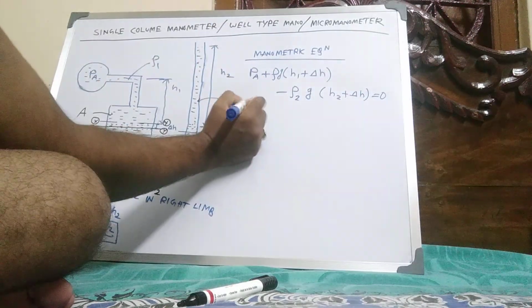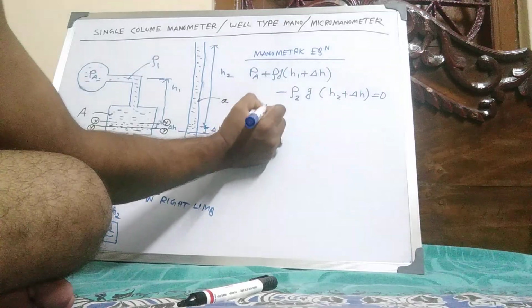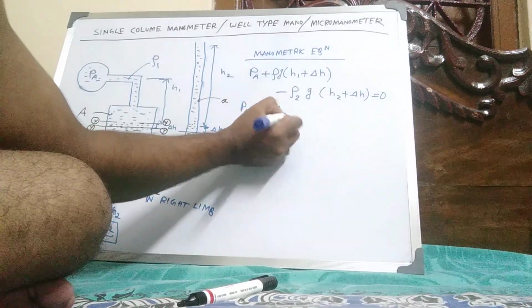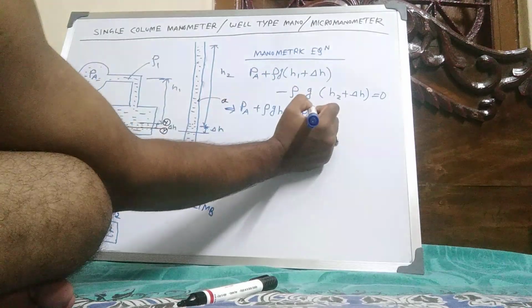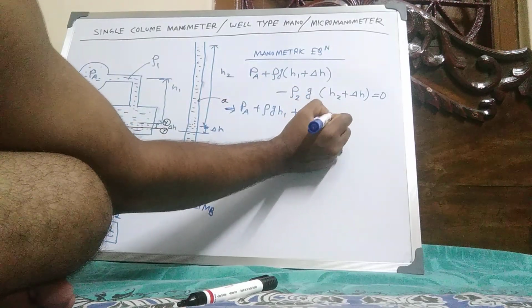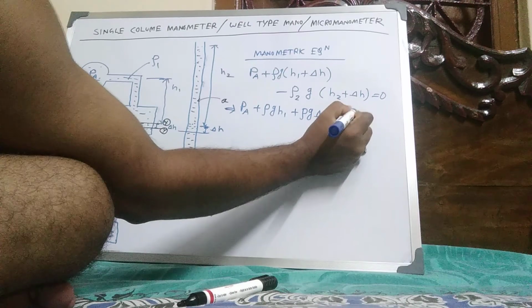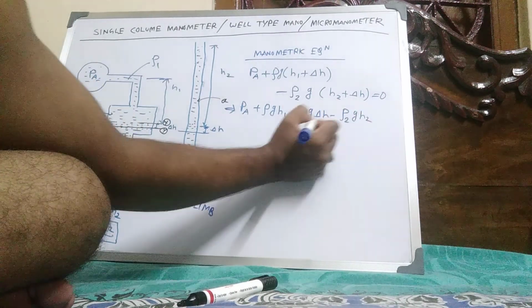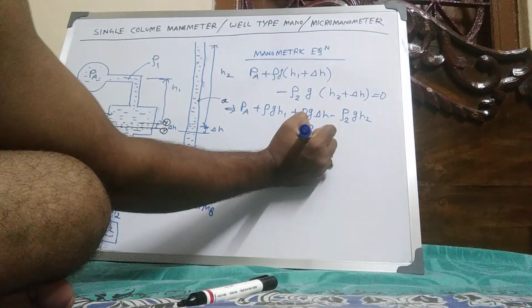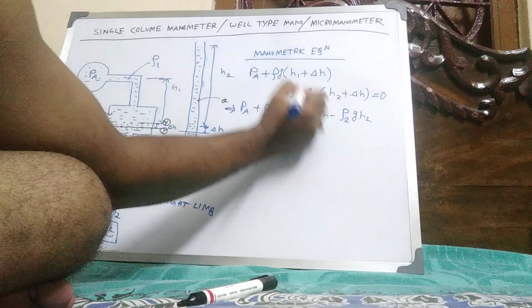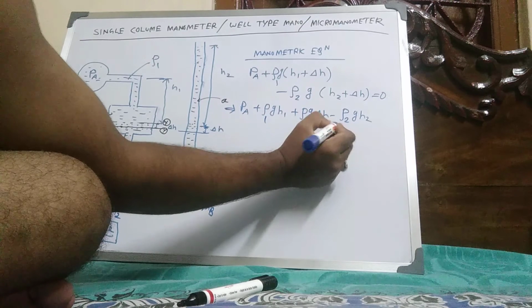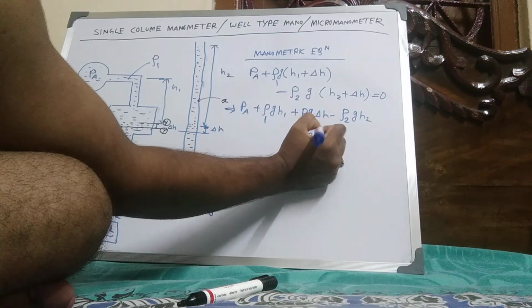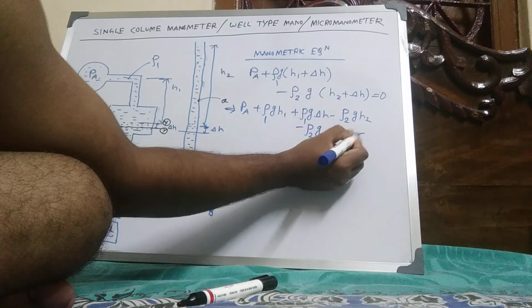So rho g h1 plus rho g delta h minus rho g h2 minus rho 2 g delta h equal to 0.